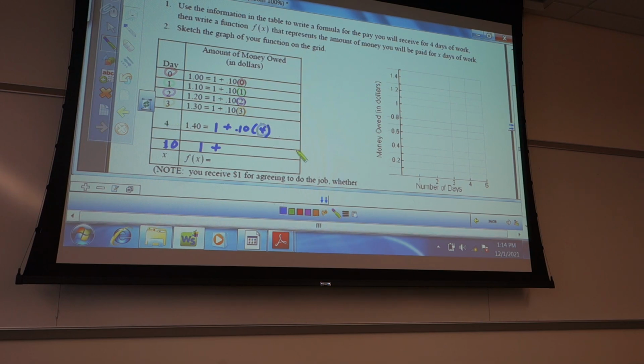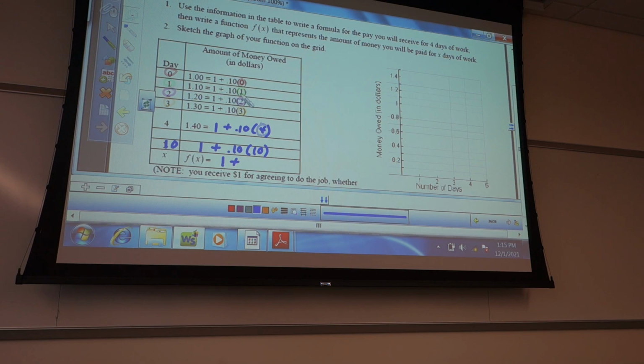So 0.10 times 10. Good. What would it be for x, Ryan? 1 plus what? See the pattern? 0 days, 0.10 times 0.